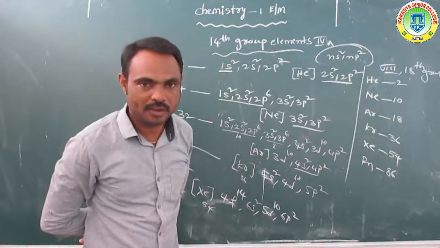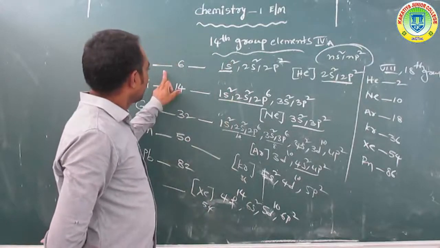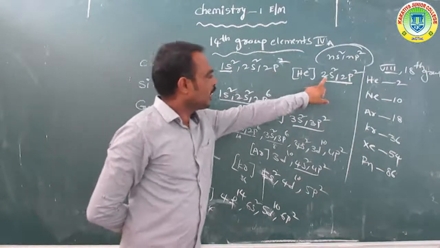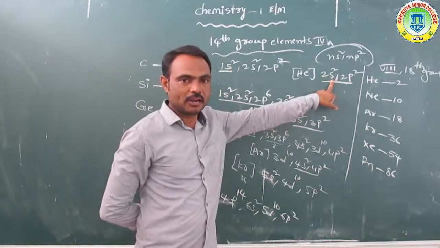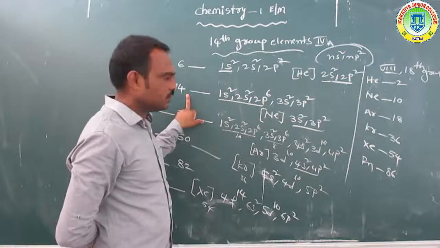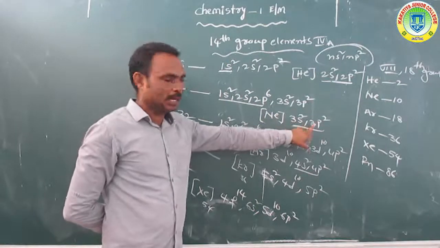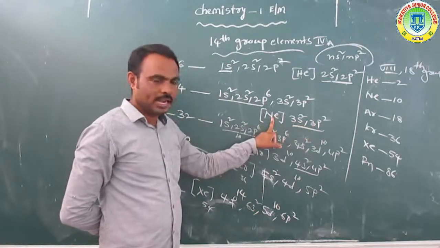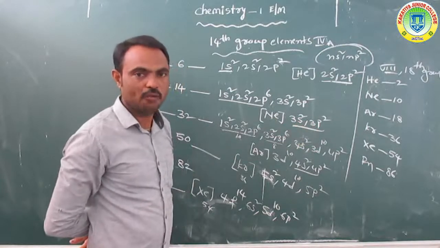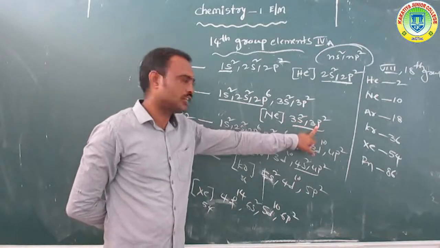Listen, carbon is 1s2, 2s2, 2p2; 2s2, 2p2 is the outer shell electronic configuration. Next, silicon 14 electrons: neon 3s2, 3p2. Neon 10 electrons and 3s2, 3p2, 4 electrons, total 14. 3s2, 3p2 is the outer shell.